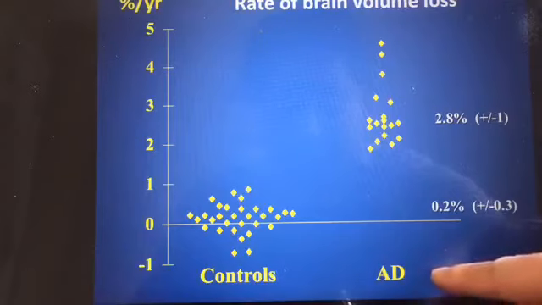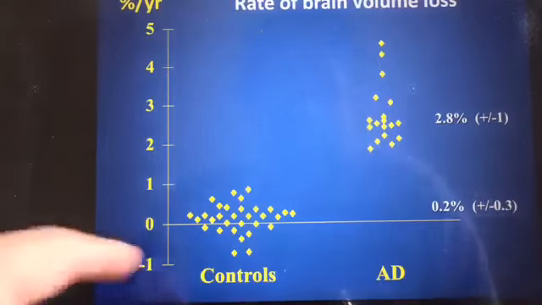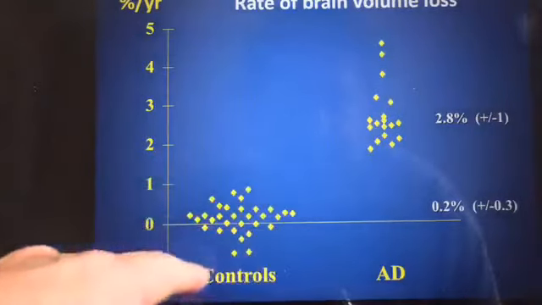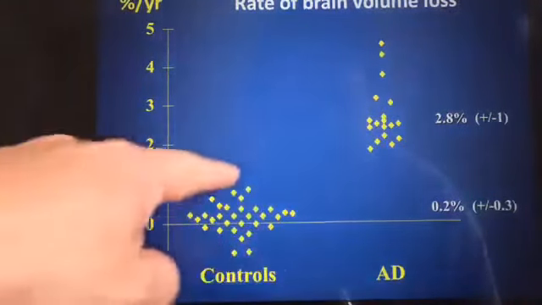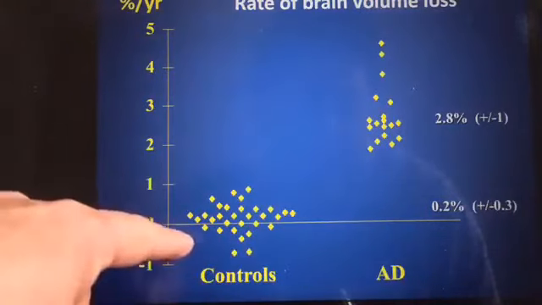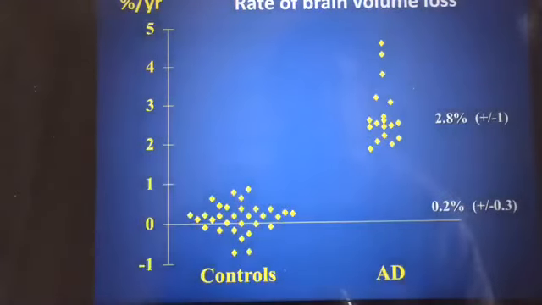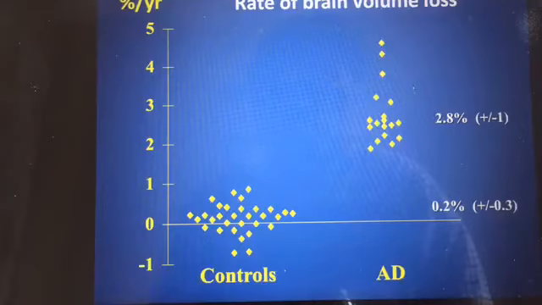Okay, and what it shows is that in controls the rate of brain volume loss is clustered around 0%. So most of the controls, such as normal individuals, do not lose brain volume on a year by year basis, but that changes as age advances.